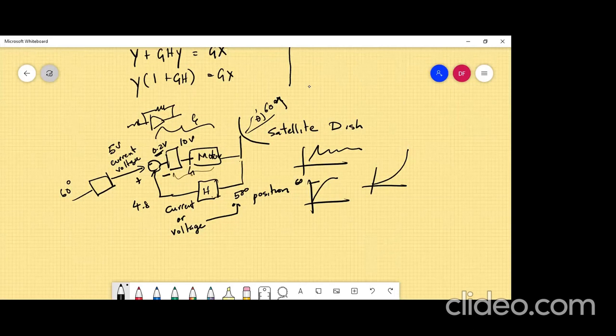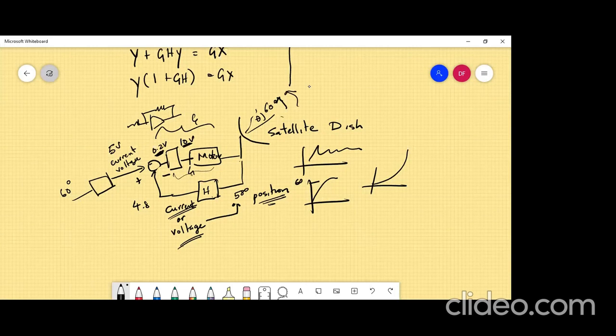So all of these things are just modifications, like converting position to current or voltage. You have your feedback from your system, and it is going to convert it to a value that is going to run your motor, that is going to cause this thing to turn to the value that you want.